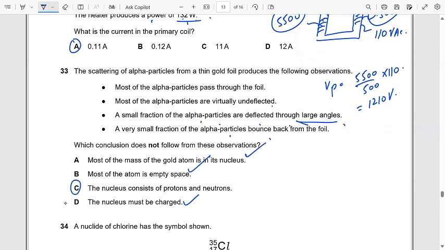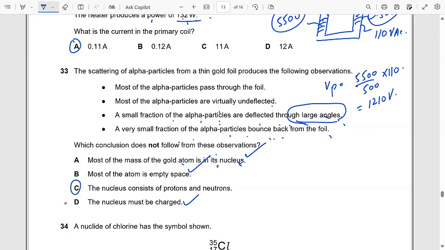ये conclusions इससे आती है, most of the mass of the gold atom is in the nucleus. Yes, this is true. ये इसमें आपको पता चला यहाँ से कि most of the alpha particles are virtually undeflected. A small fraction of alpha particles are deflected to large angles. इसका मतलब है कि दरमियान में बहुत ज़्यादा mass है. A very small fraction of alpha particles bounce back from the foil. तो इससे पता ये चलता है कि most of the mass of gold atom is in the nucleus.